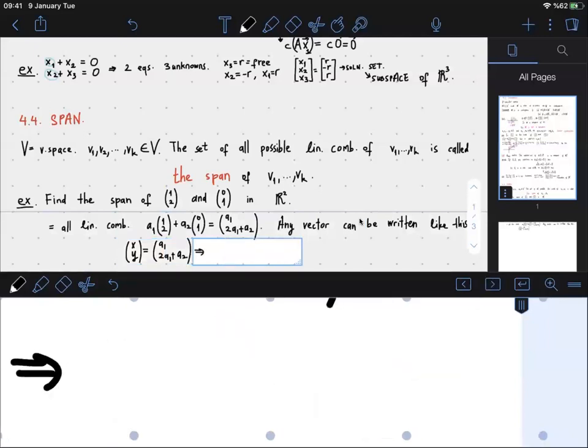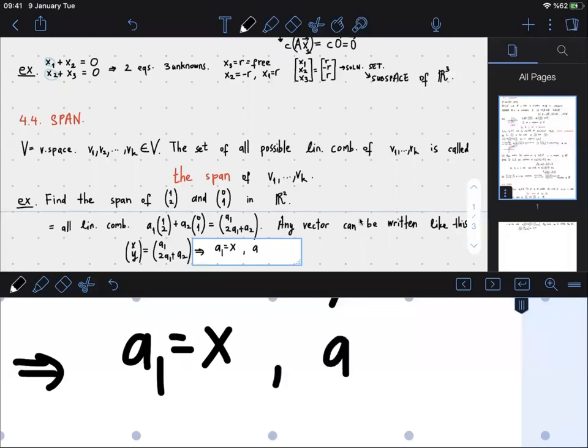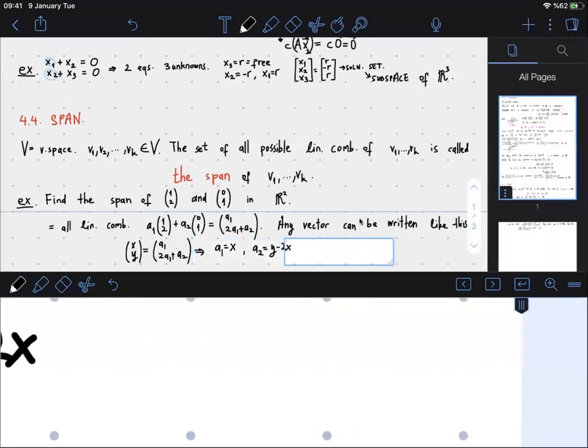If I choose a1 to be x, I want to go backwards. If I choose a1 to be x and a2 to be y minus 2x, then I can express any (x, y) using these two vectors.